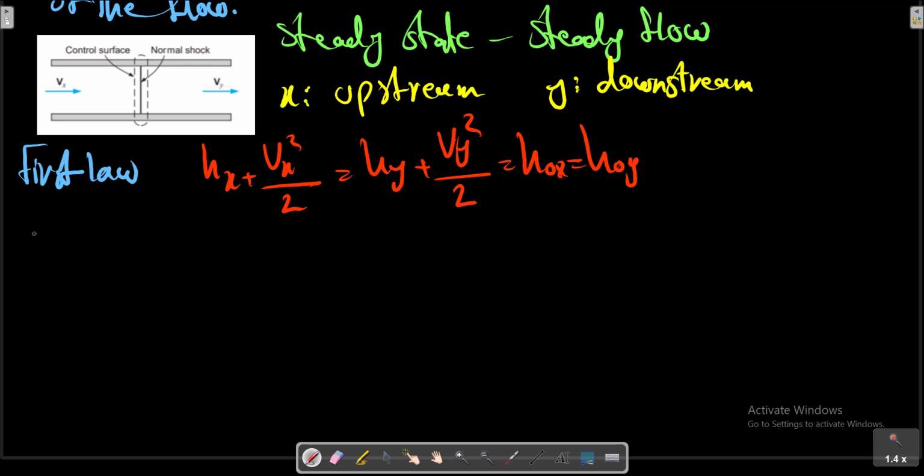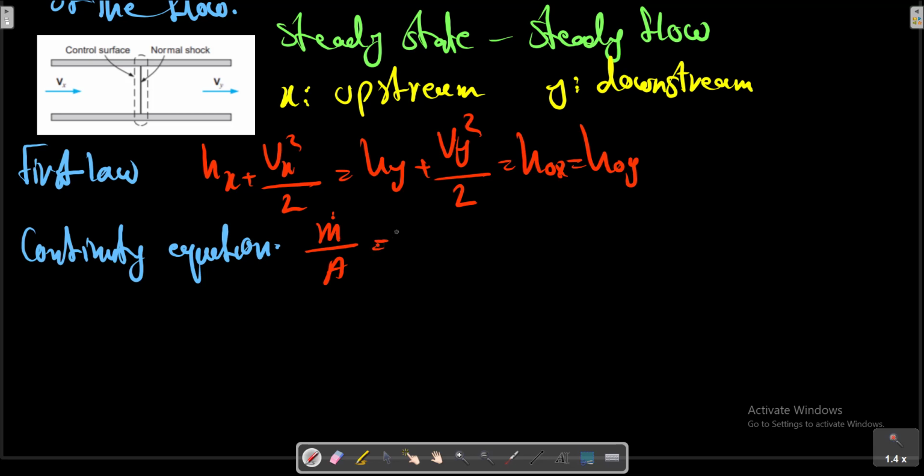Continuity equation: m dot over A equals rho x Vx equals rho y Vy.